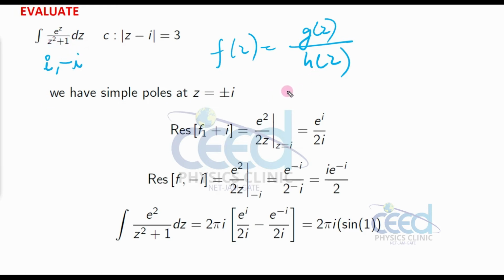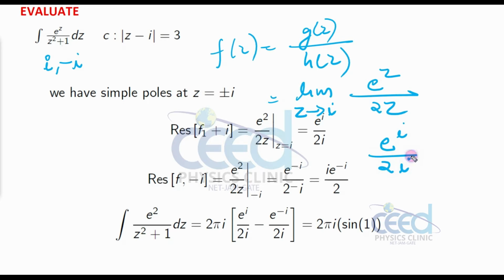So instead of the earlier limit, I can write the limit as z tends to i to calculate the residue at i: g of z, that is e raised to z, divided by h dash of z, the differential of the denominator, that is 2z. So if I substitute, I will get e raised to i divided by 2i. This is the residue at i.